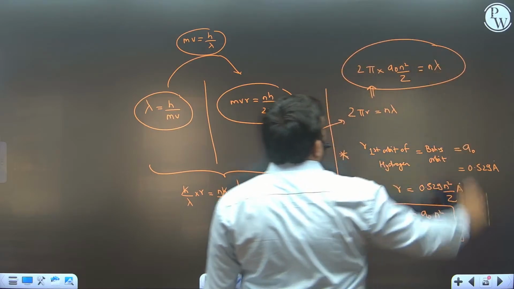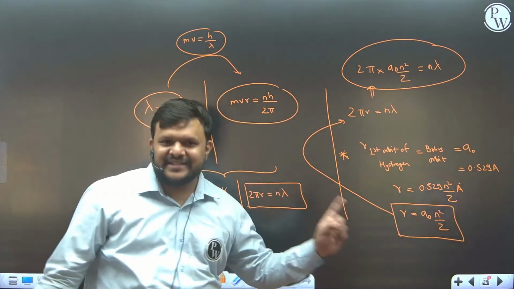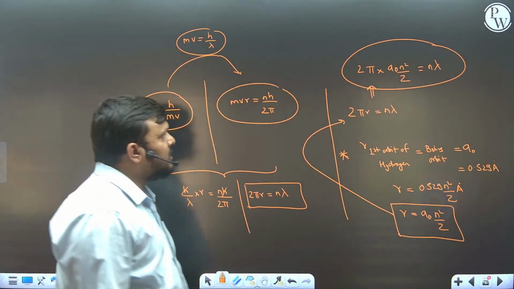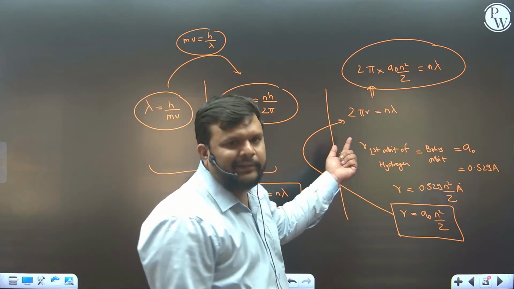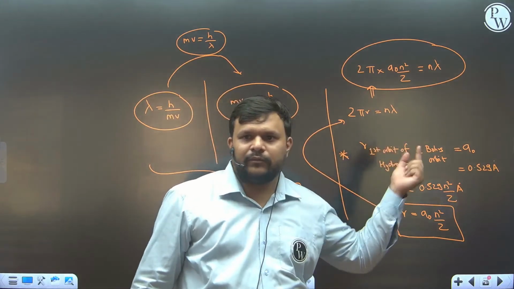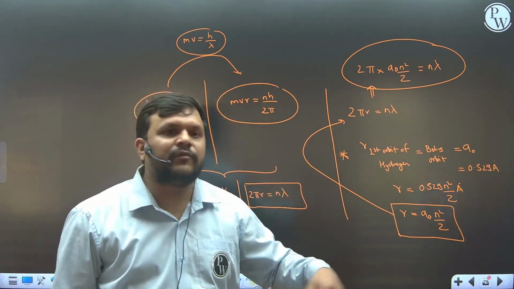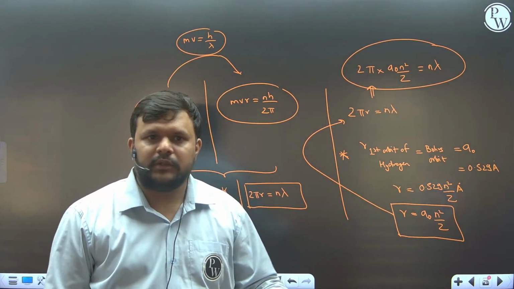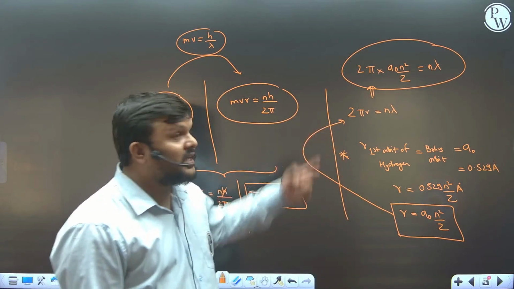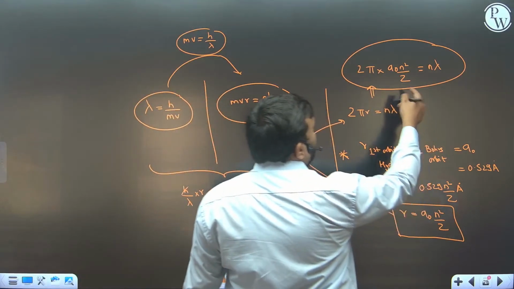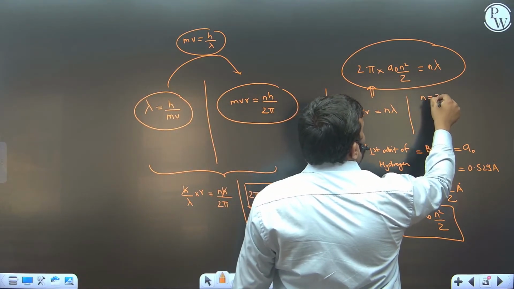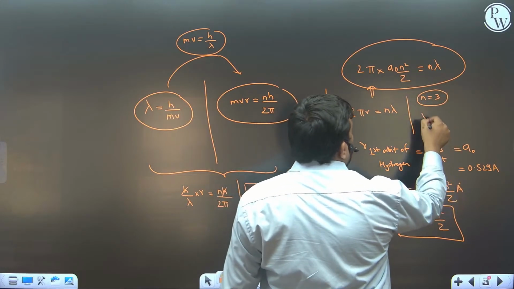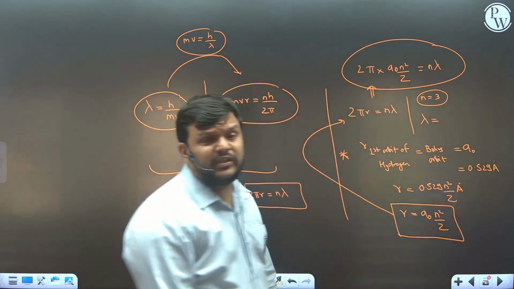Based on this, I think this is the same question they have asked in the PYQ, where they are asking about the third orbit circumference, and they are relating it with the wavelength. So just put the n value here. This is the PYQ question they asked. Put the n value, and they are asking us the wavelength of the electron in the third orbit.